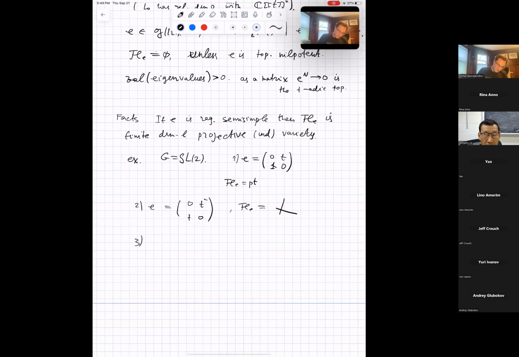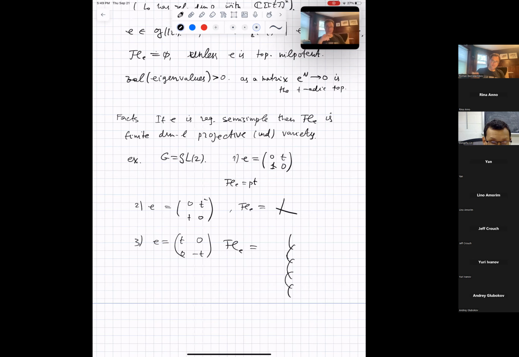And if E is (T 0; 0 -T), then full E is an infinite chain of P^1s. Before, in SL_N, we had a chain of n-1 P^1s, but this is in a way the worst thing that can happen.